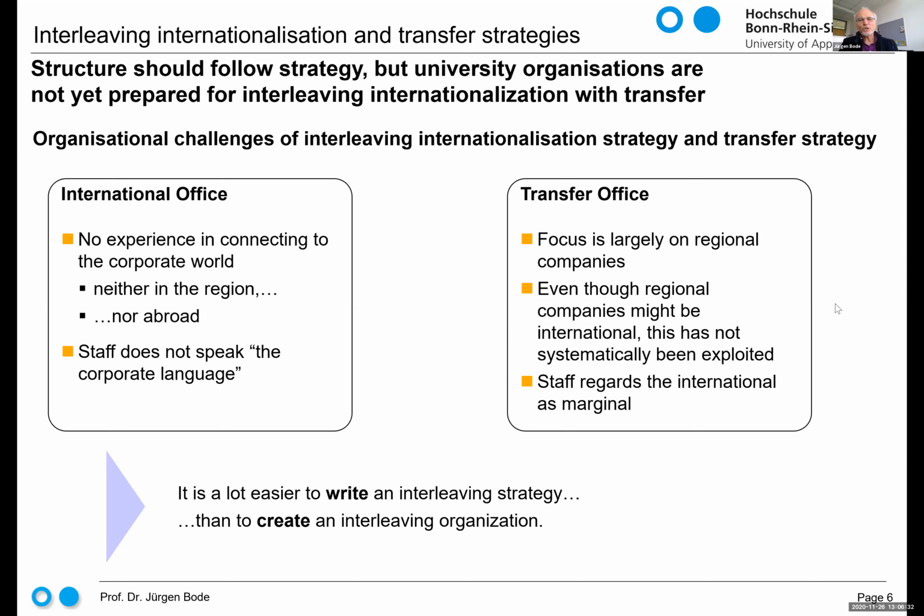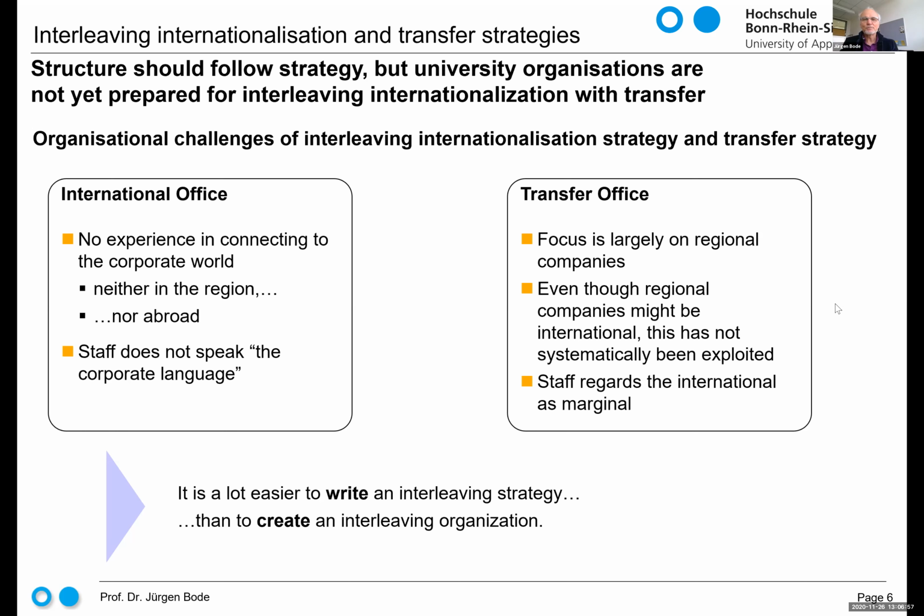So what I could imagine is that in the transfer office, I would establish a person responsible for the international, and there would be a dotted line relationship to the international office. So that person would be in sort of a matrix organization, would have two bosses. One is the boss of the transfer office, and the other boss is the boss of the international office.